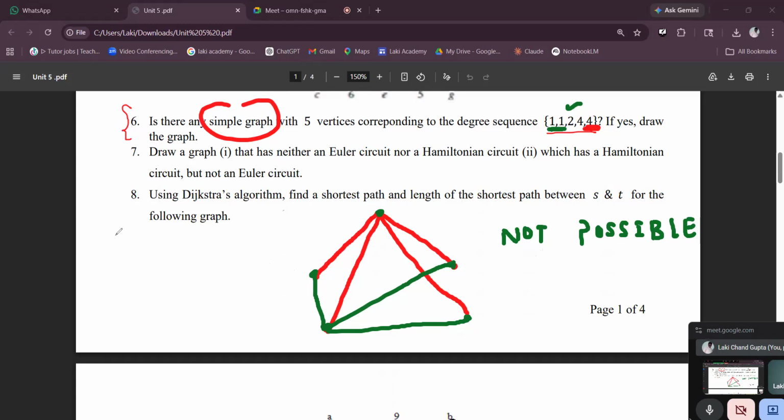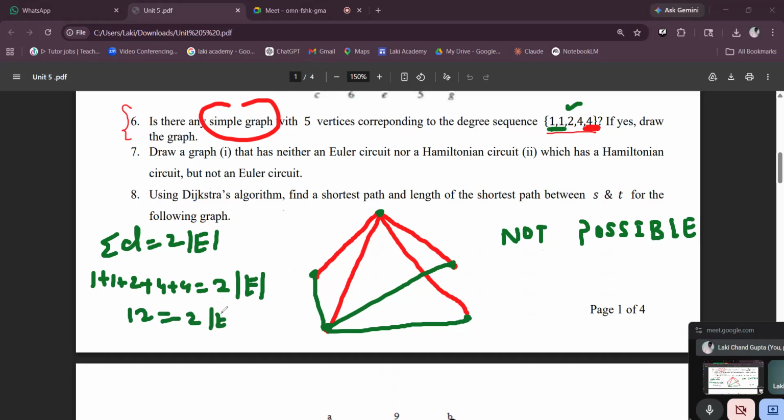Yes, you can prove it by using the handshaking theorem. The sum of degrees will be 12, so the number of edges will be 6.